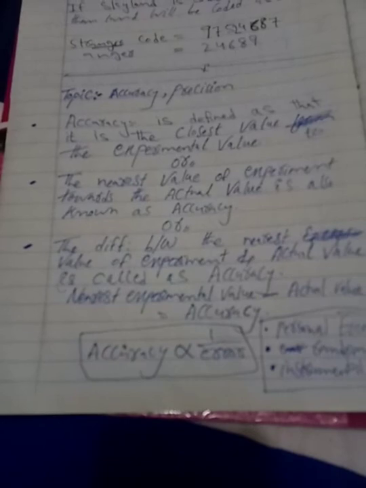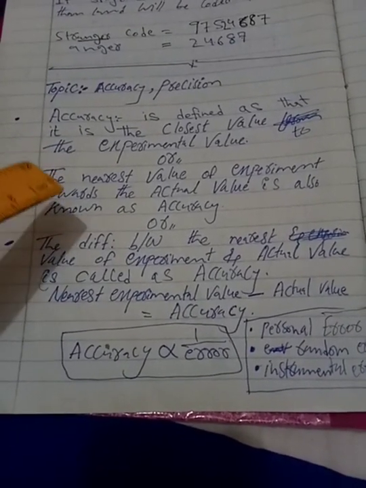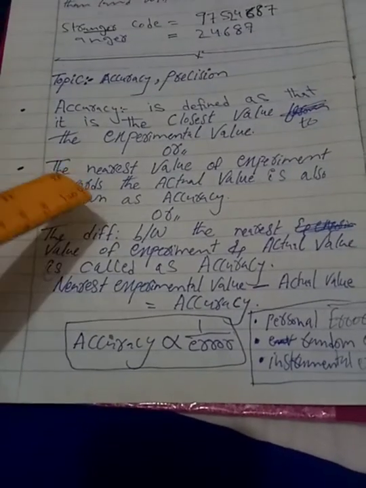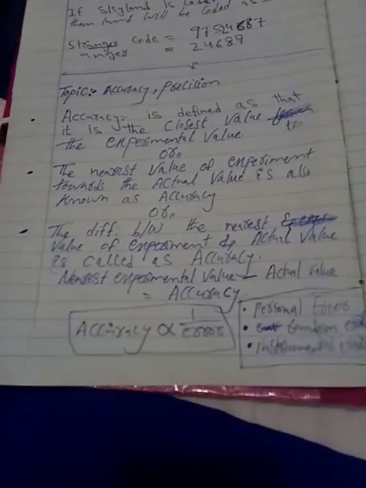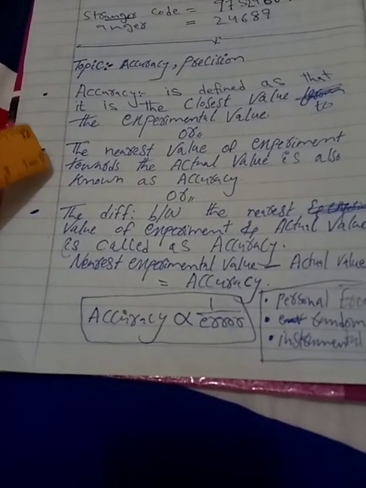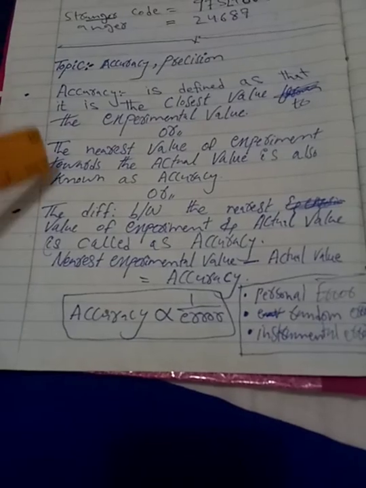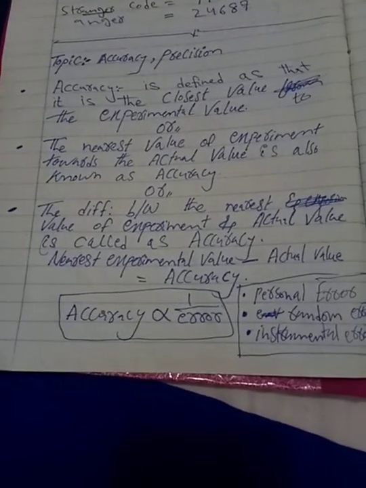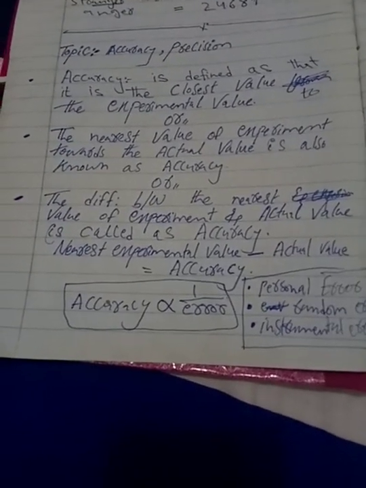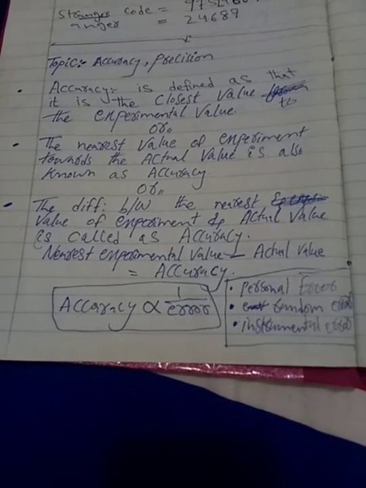Accuracy is the closest value to the experimental value, or you may define it as the nearest value of experiment towards the actual value, or the difference between the nearest value of experiment and actual value is called accuracy.